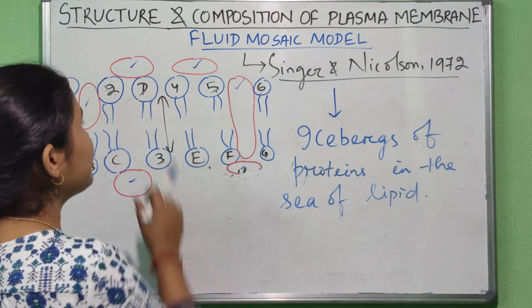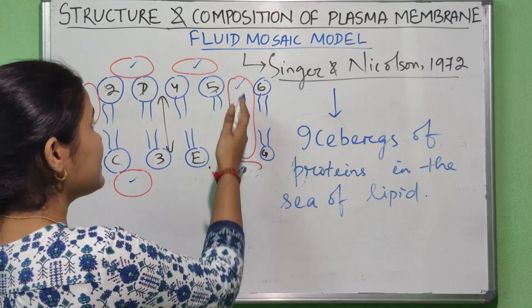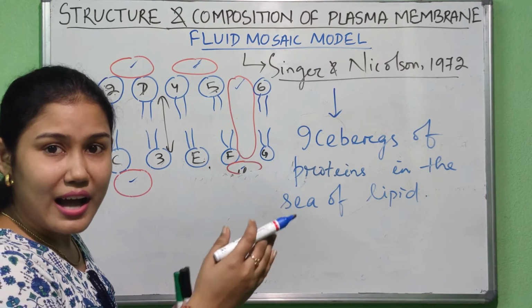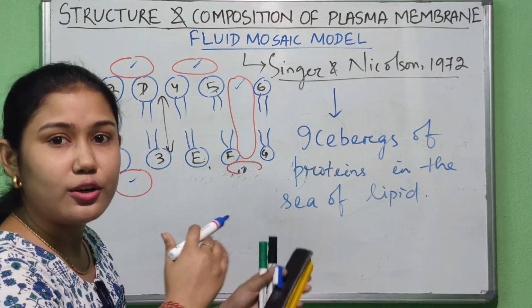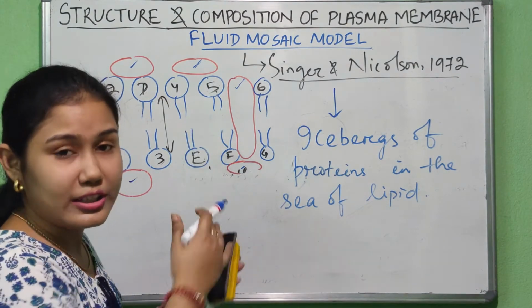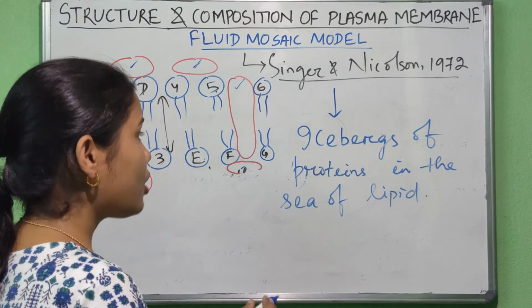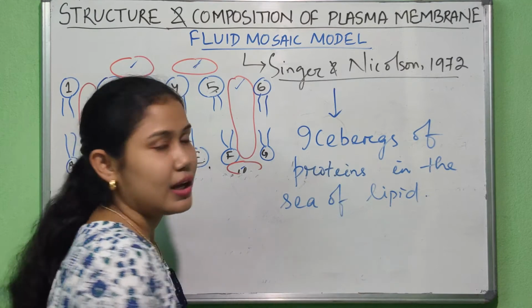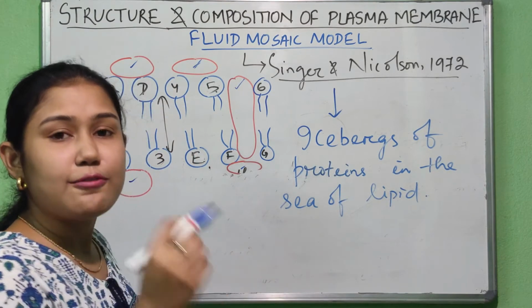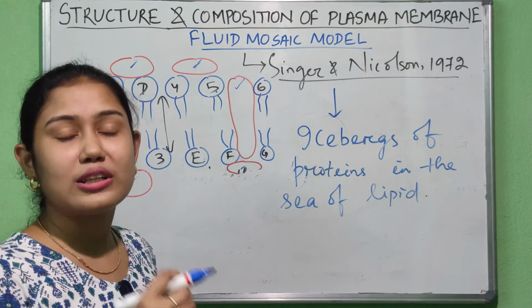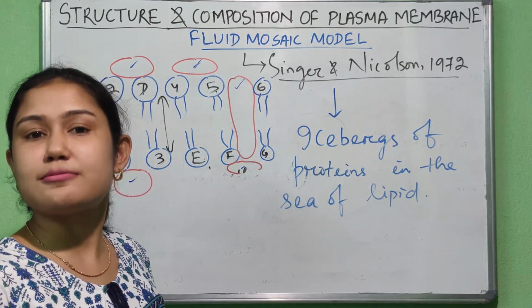Okay, within the lipid bilayer, means that these protein molecules are able to slide over the lipid bilayer. Okay, clear? So this thing is explaining the fluidity of the plasma membrane. Okay, or the dynamic nature of the plasma membrane.